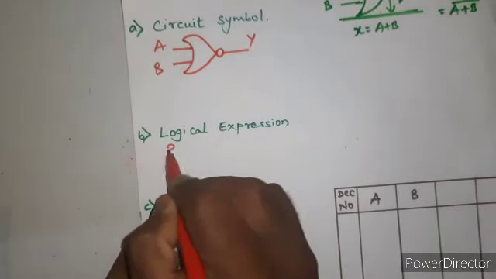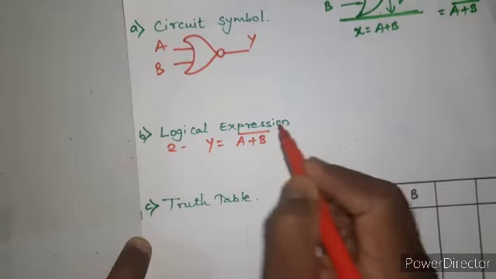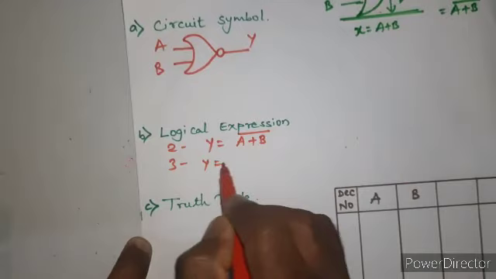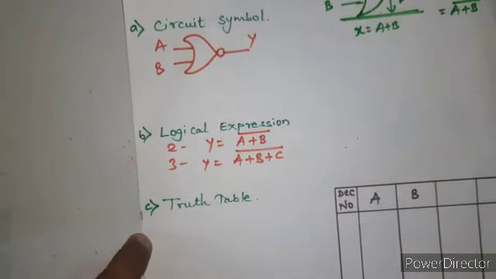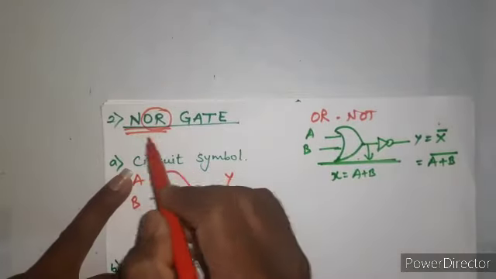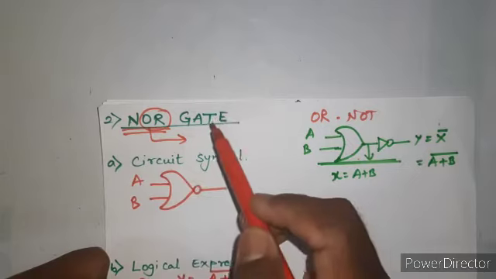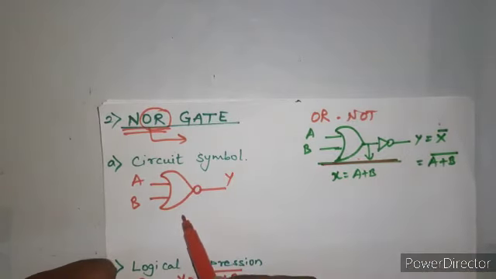Okay, logical expression for two input, we have Y equal to A plus B, again whole bar. Okay, for 3 input we have Y equal to A plus B plus C whole bar. Okay, because this NOR gate is derived from the basic gates. Basic gates are OR and NOT. Okay, so this is how it is constructed, and this is the symbol for NOR gate.